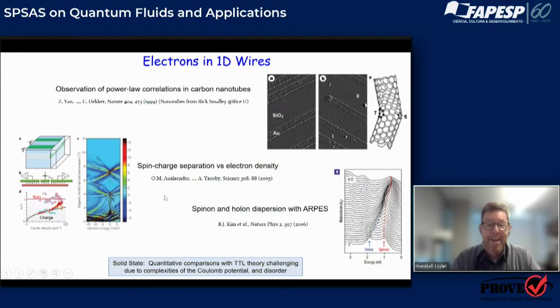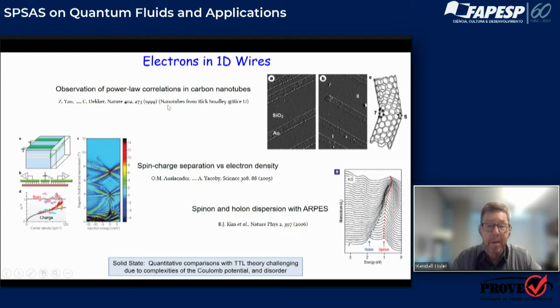I don't know. So there have been experiments to probe this kind of physics. First in the solid state using electrons. People use nanotubes, which incidentally were grown in my colleague's lab at Rice, Rick Smalley, my late colleague. Rick won the Nobel Prize for discovering the C60 molecule.